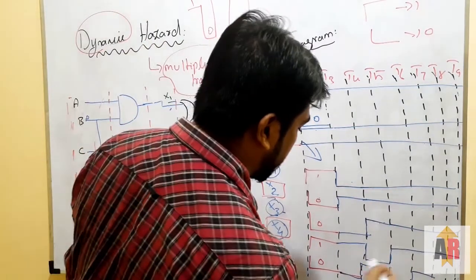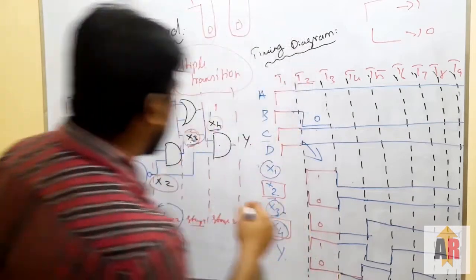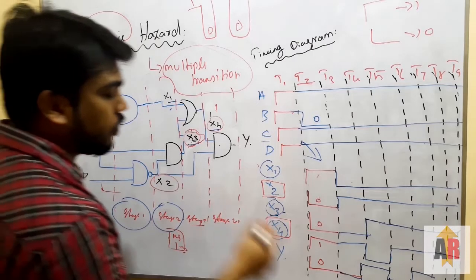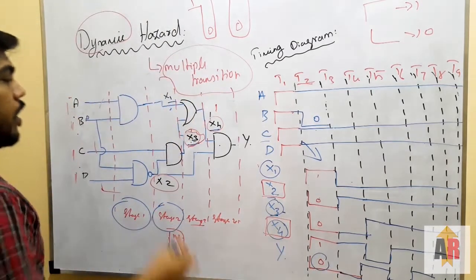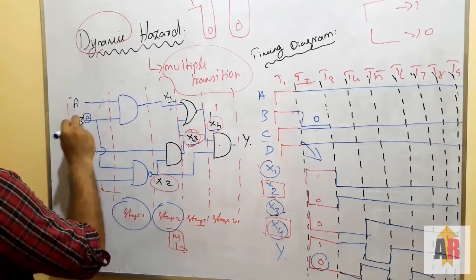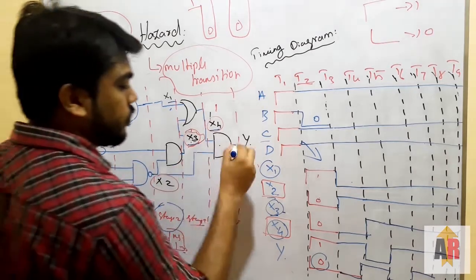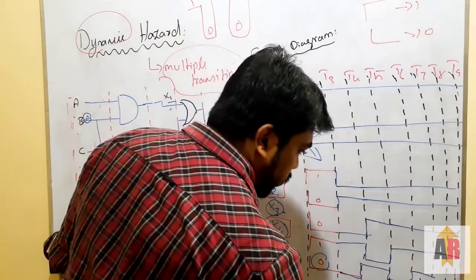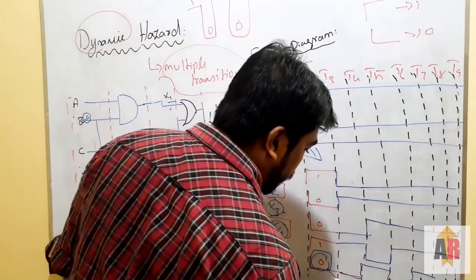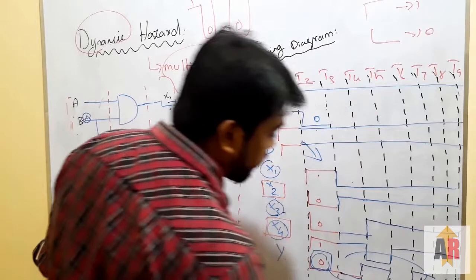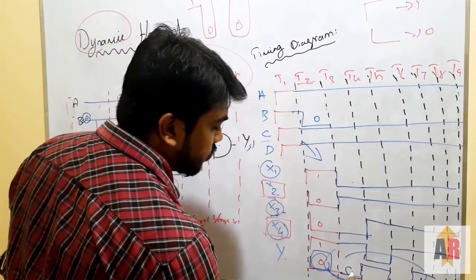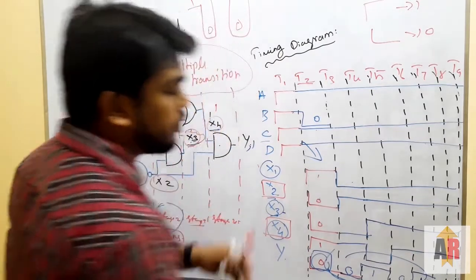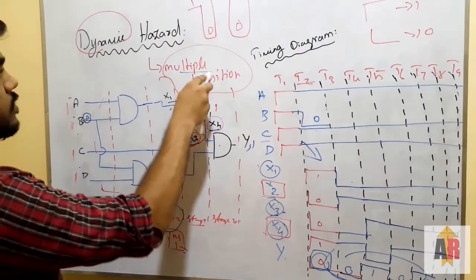And see, actually when I gave 1 1 1 1 as my previous input, I got the output as 0, no issue. Then when I changed b to 0, my output also changed and it should move to 1 immediately. And it also moved to 1. From 0 it moved to 1 with multiple transitions. That is, it first moved to 0, then 1, then 0, then finally 1. See, the transition occurs multiple times, as I said previously.